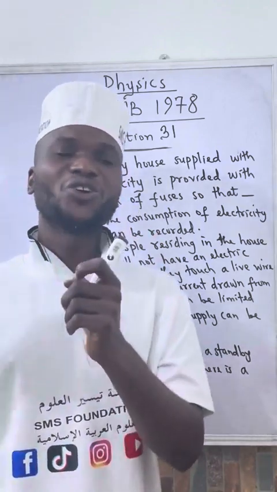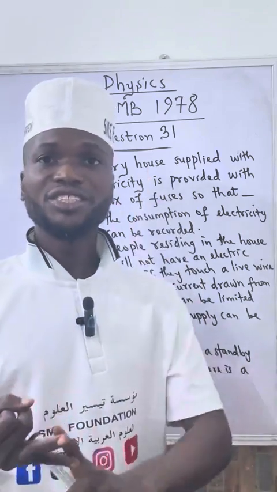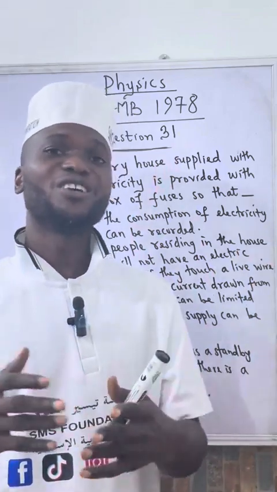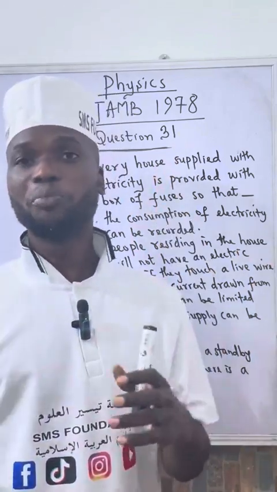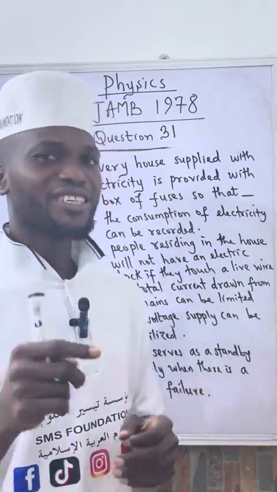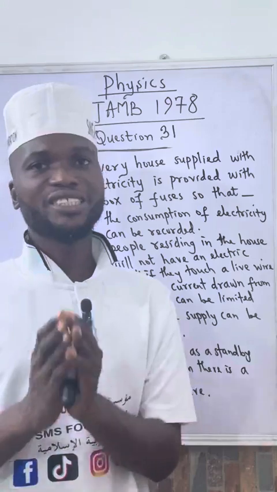If such current enters our appliances like TV, radio, and other devices that we have at home, it can cause damage. Even the electric bulb can explode. So in that regard, we need a device called a fuse to help us manage the situation.